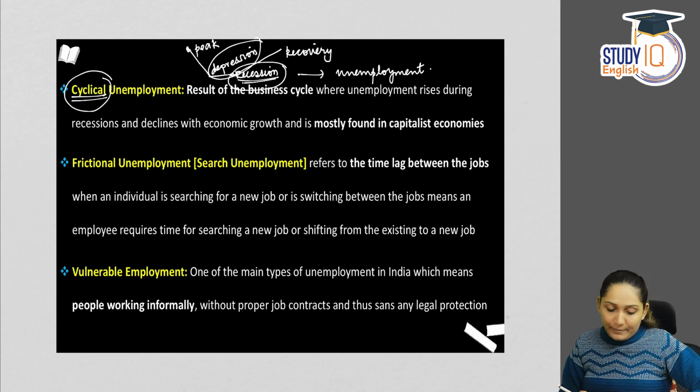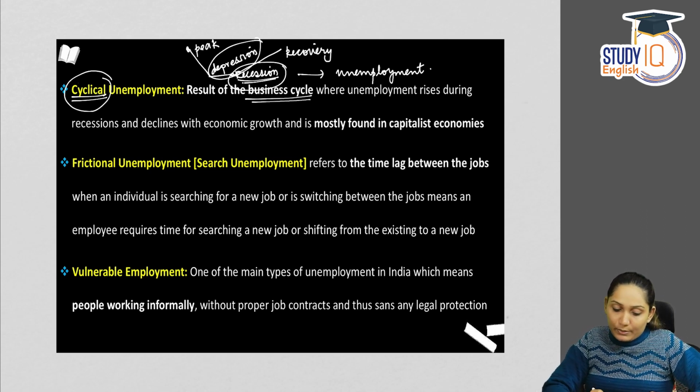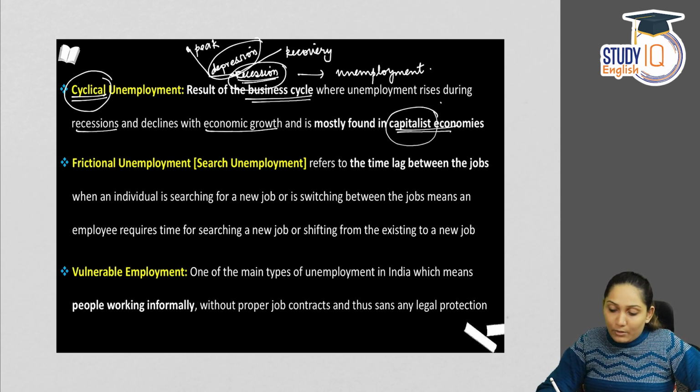So cyclical unemployment is caused due to the nature of business or due to different phases of business cycle. It is the result of the business cycle where unemployment rises during recession and declines with economic growth, and is mostly found in capitalistic economies or developed economies.